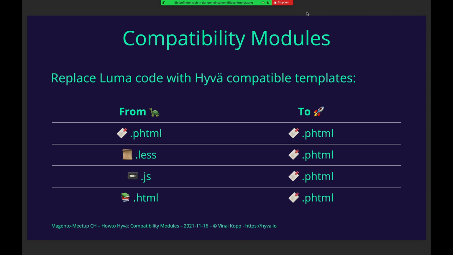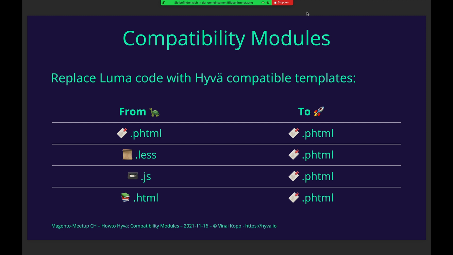So basically, a compatibility module is an additional module that gets installed on top of the module that we want to make compatible, what I usually call the original module. So we have the original module and the compatibility module. And the original module would be for Luma, so it has PHTML files and less files and JavaScript files and HTML files for knockout remote templates and so on.